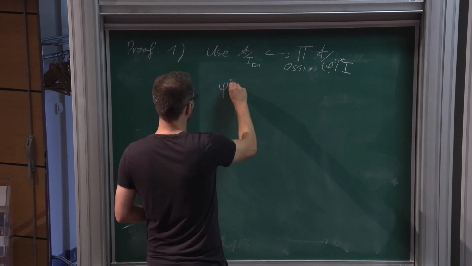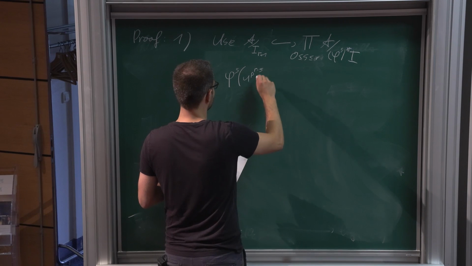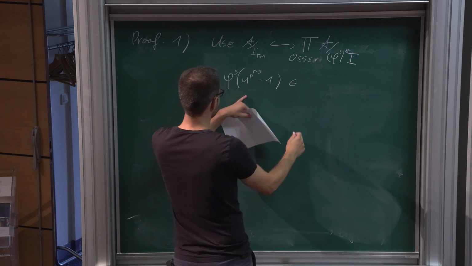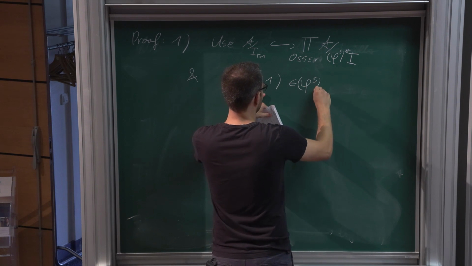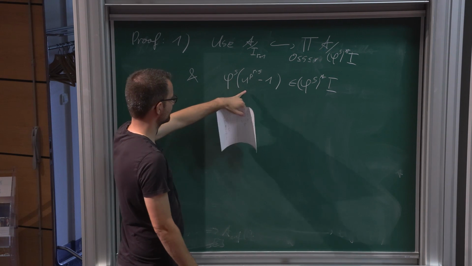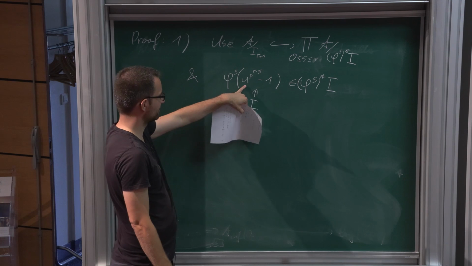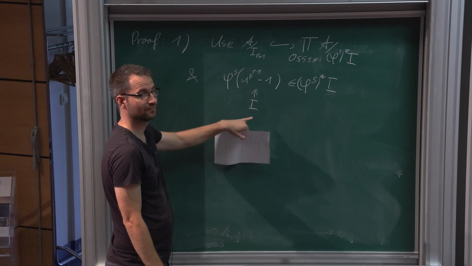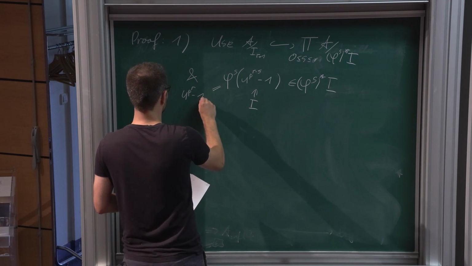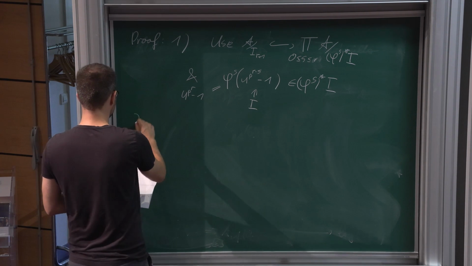This follows from the following, namely phi^s of u to the p to the r minus s minus 1 lies inside phi^s star of I. In order to check this, it's sufficient to show that this lies in I, but this follows because u is congruent to 1 modulo I. And so that term is just equal to p to the r, u to the p to the r minus 1. And so we've checked that the first property holds.